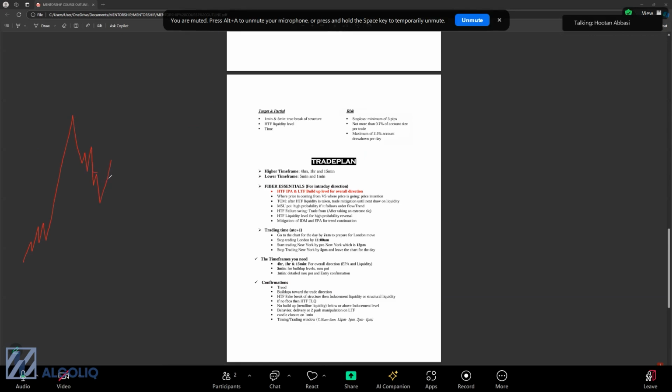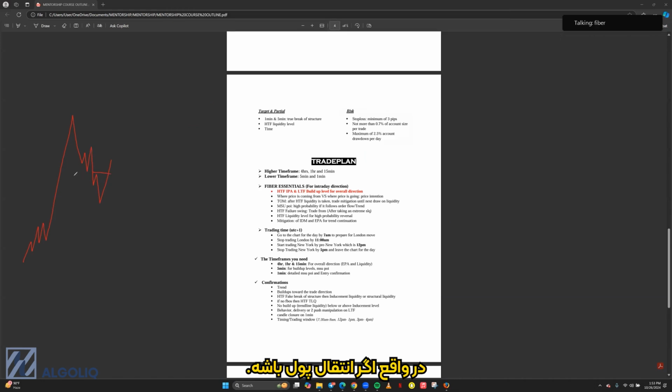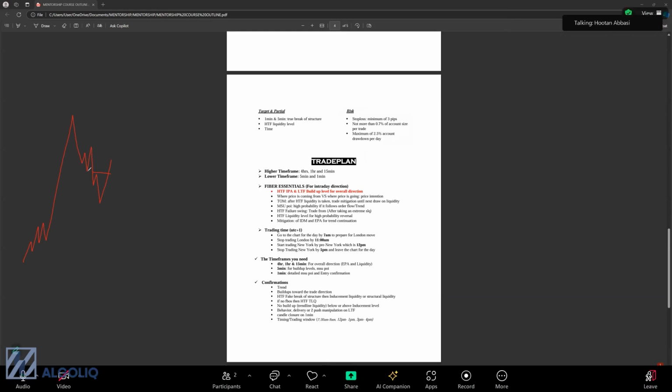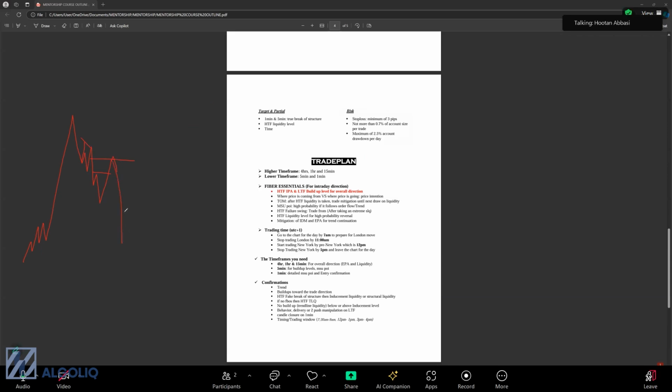It could be transfer of money, actually. Yes, it could be a transfer of money. Like price could do something like this, then mitigate this, then sell it. This could happen.